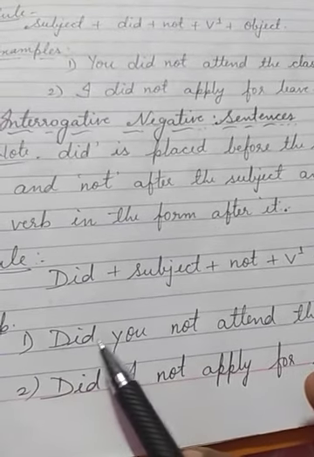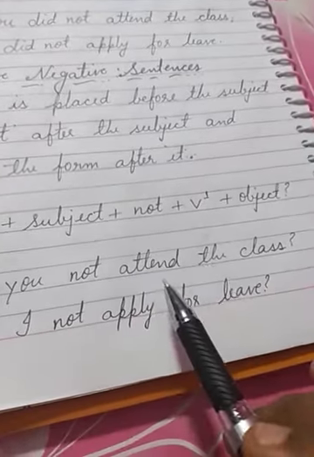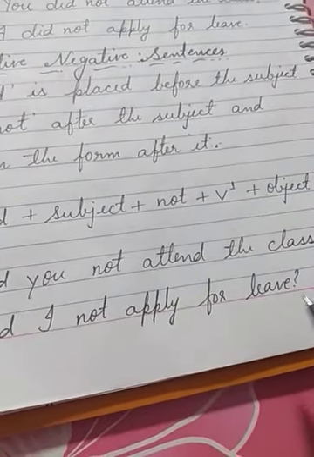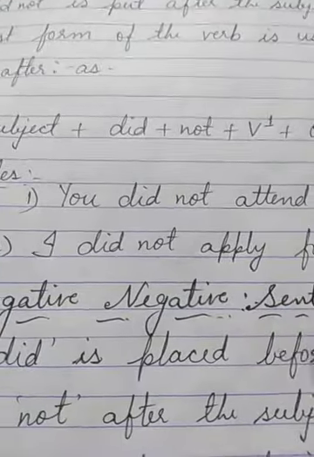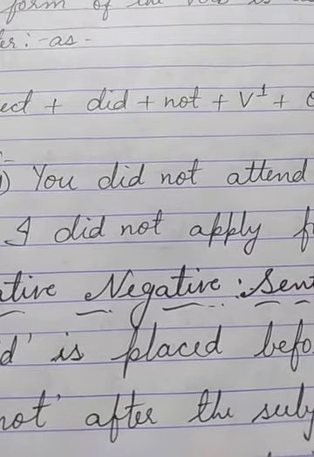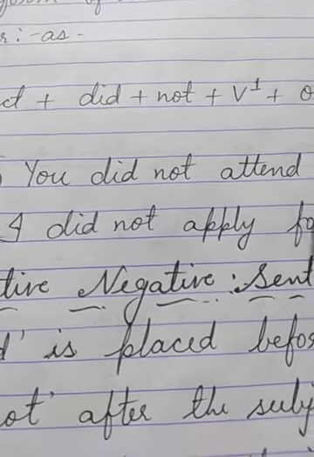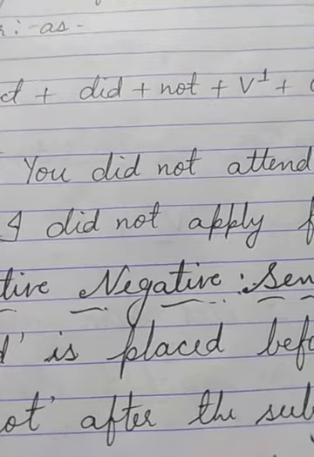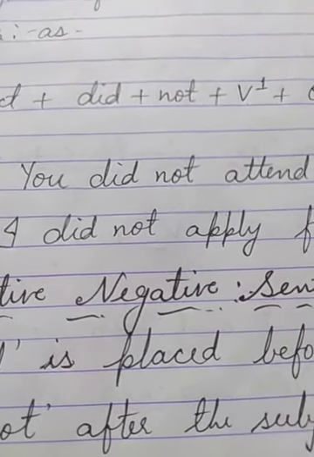Example: did you not attend the class? Did I not apply for leave? So you have seen here that whenever we use did, we use the first form of the verb.